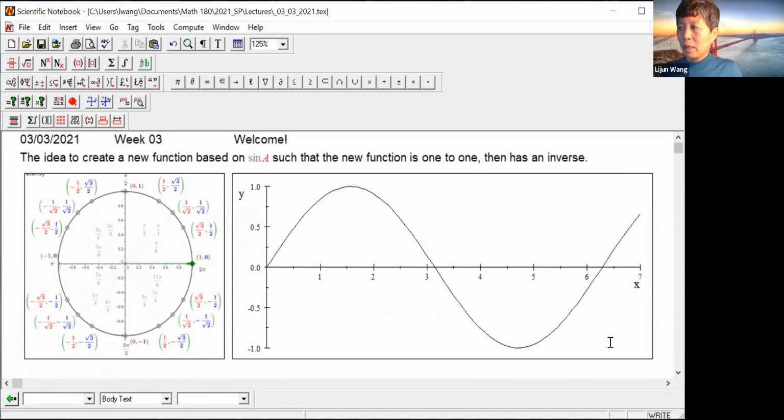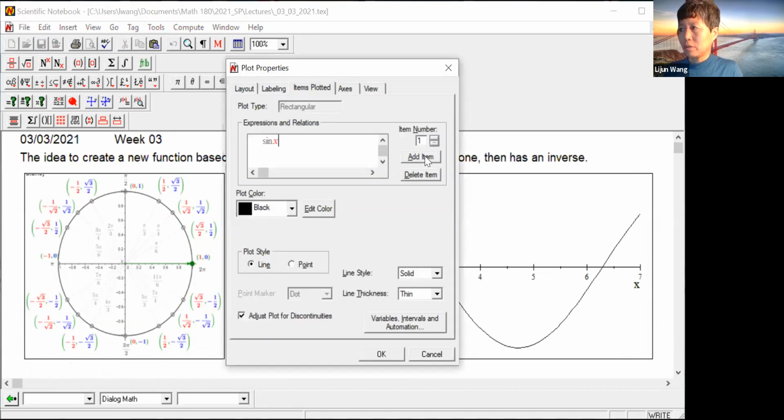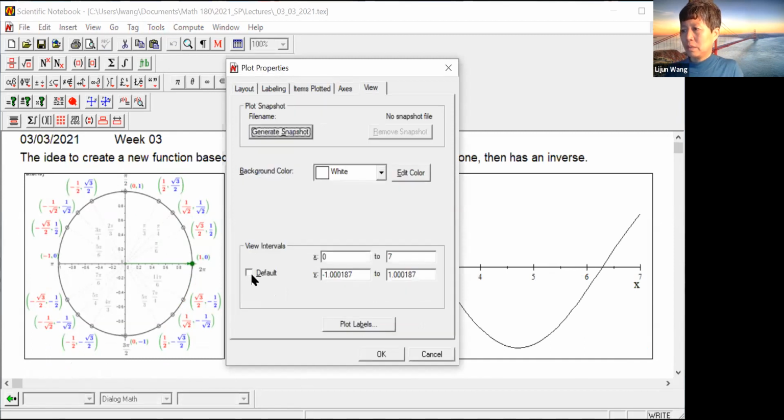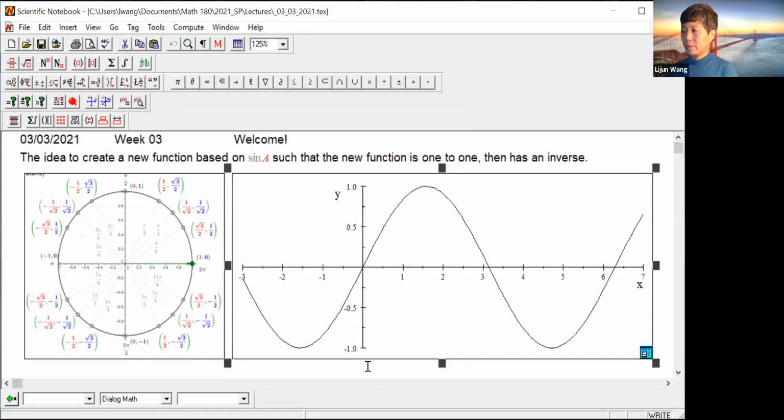On the curve, we start with the curve first. We decided to chop off some pieces of the curve.